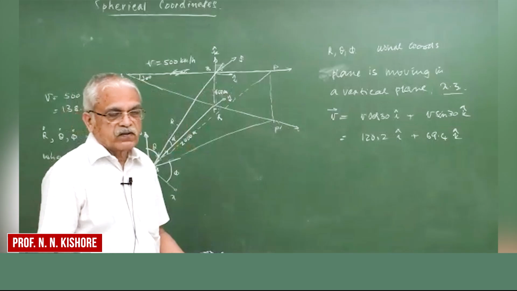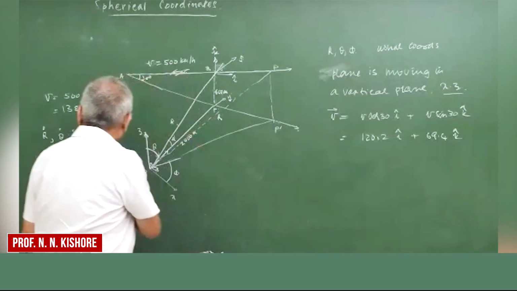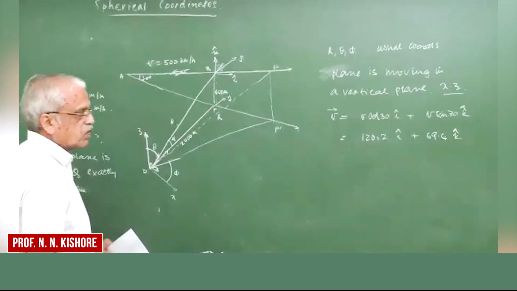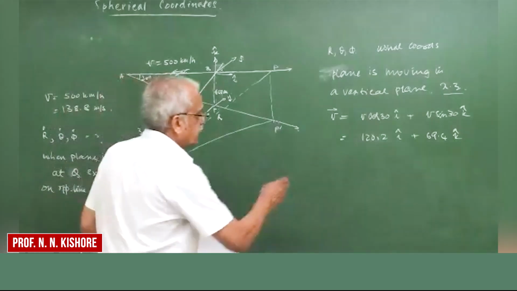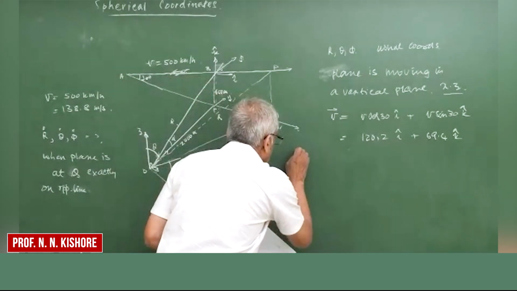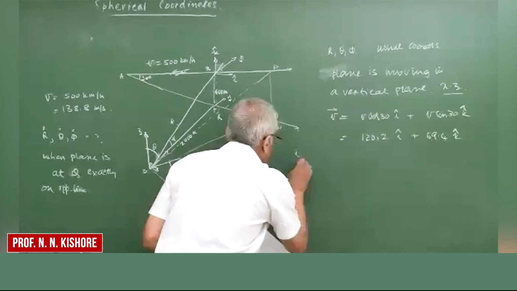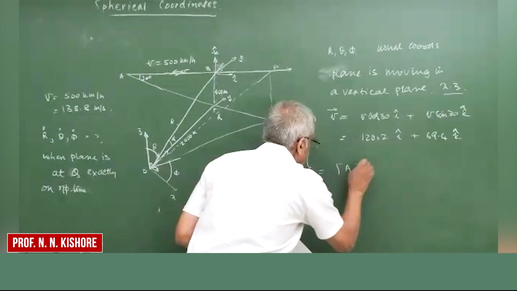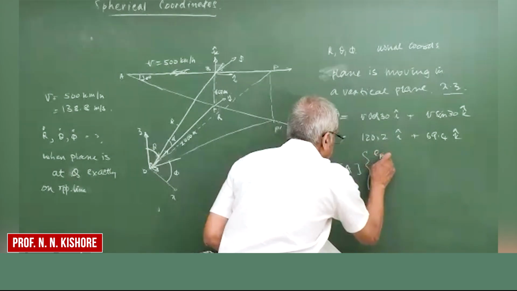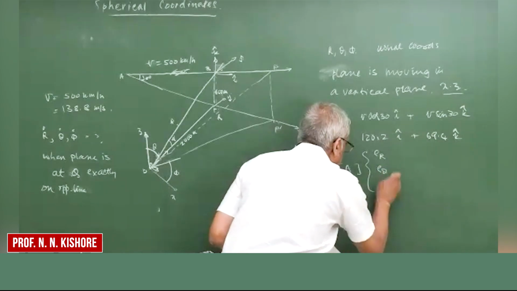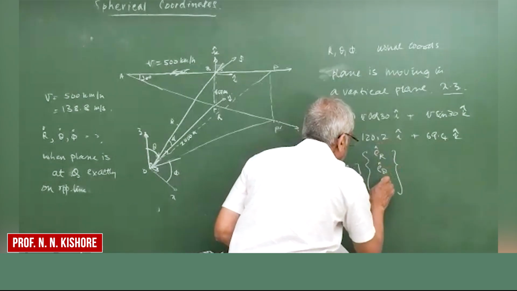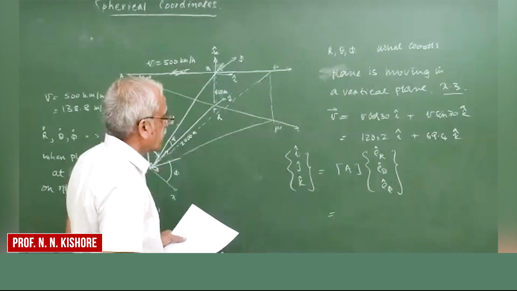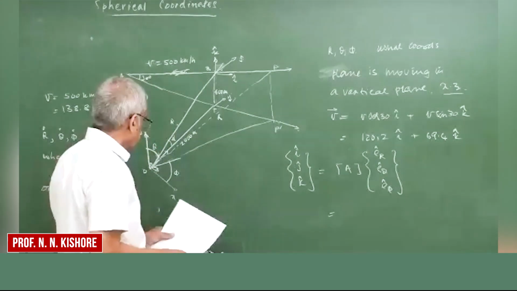But essentially what we require is r, theta, phi and r dot, theta dot, phi dot. For getting this, the transformation, we know the ijk components. I gave you the A expression here.